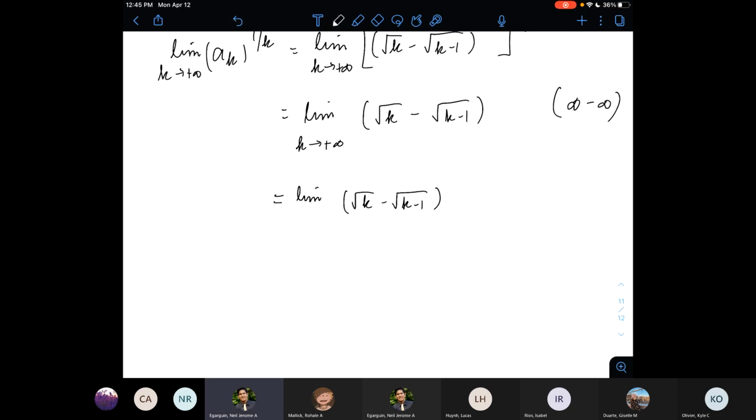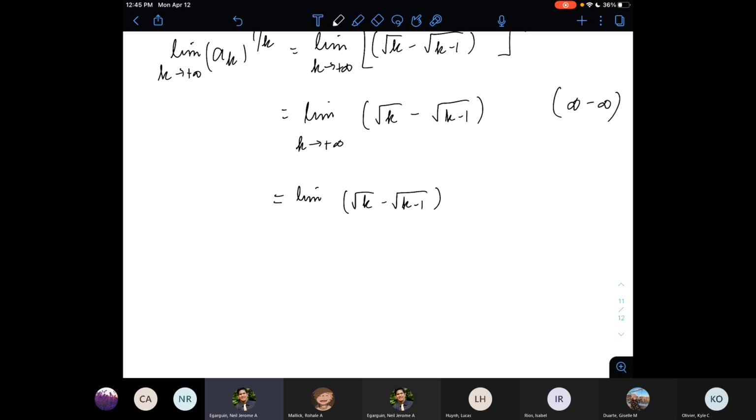So I have infinity minus infinity. Obviously, L'Hopital's rule will not apply, right? Because L'Hopital's can only be applied for infinity over infinity or 0 over 0. Here we have infinity minus infinity, so we are subtracting two very large numbers. We don't know what will happen when we subtract those two large numbers. It depends on how large those two numbers are, right?